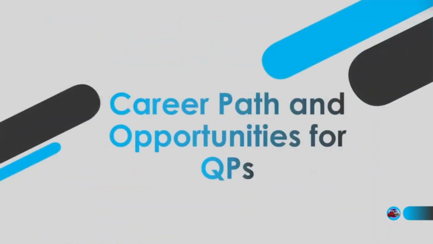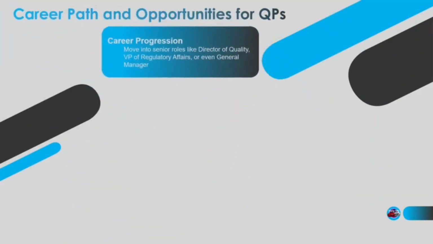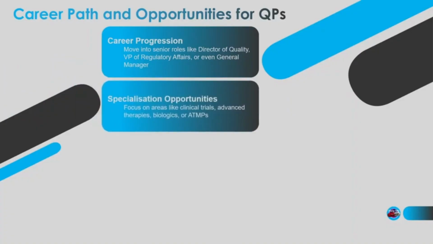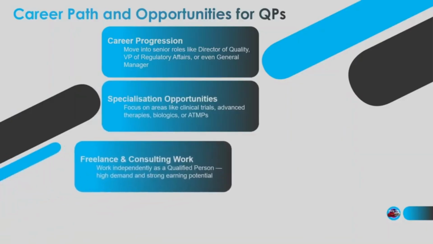The good news? Once you're an eligible QP, you're highly respected and you'll have a ton of options. You can move up into roles like Director of Quality, VP of Regulatory Affairs, or even General Manager. You can specialise, maybe in clinical trials, biologics, or cell and gene therapy. You can consult.